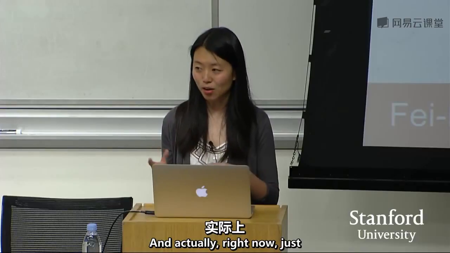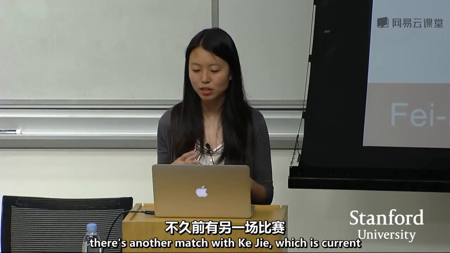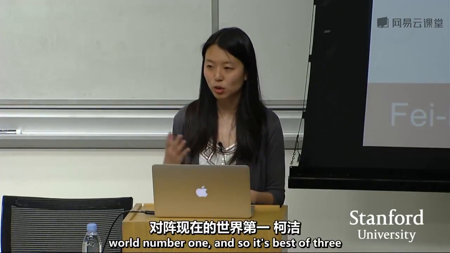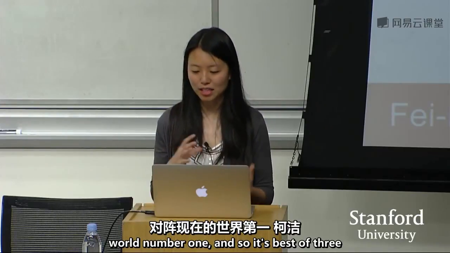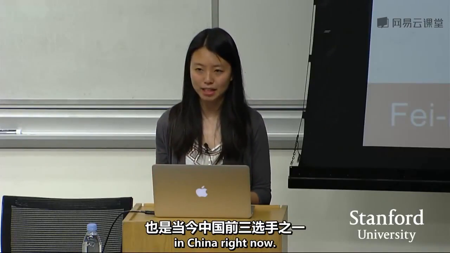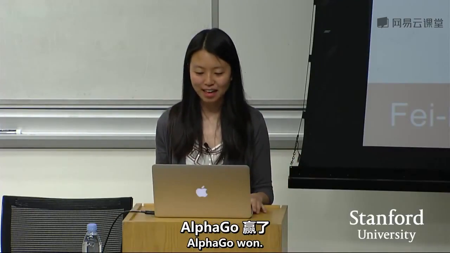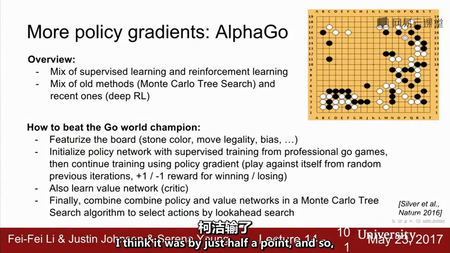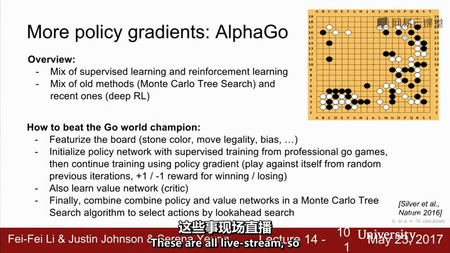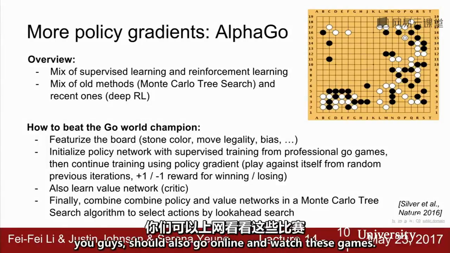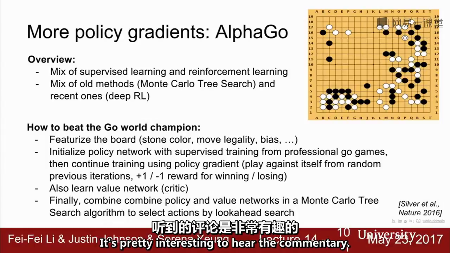And actually right now, there's another match with Ke Jie, who is the current world number 1, and it's a best of 3 in China right now. The first game was yesterday. AlphaGo won, I think by just half a point, and so there are 2 more games to watch. These are all live streamed, so you should also go online and watch these games. It's pretty interesting to hear the commentary.